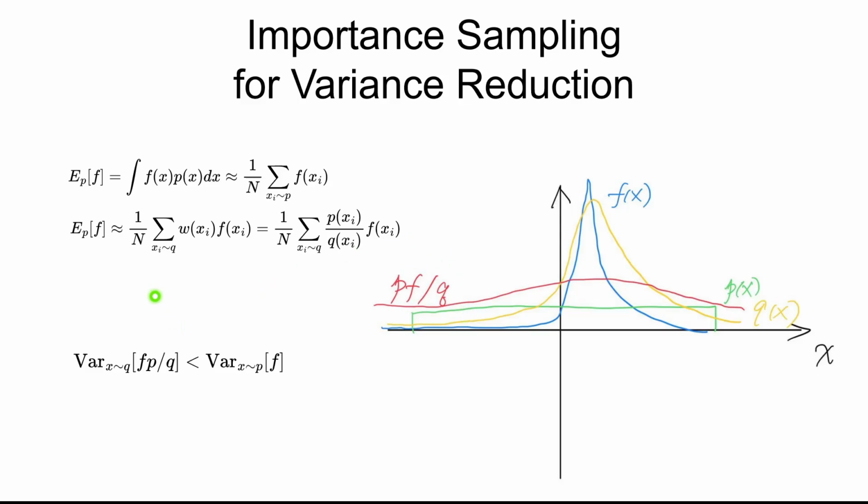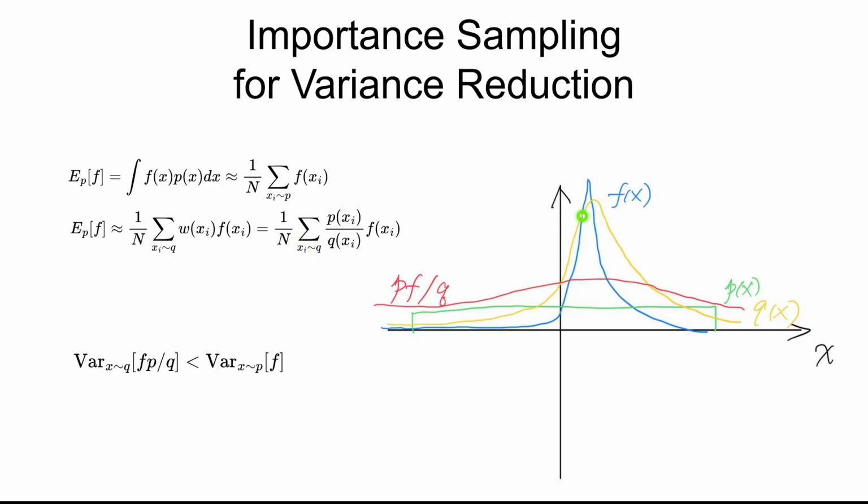To fix that, instead of sampling from the original distribution P of x, we want to sample from a different distribution Q of x, which is related to importance sampling. Basically, we sample from Q of x, and then we use the weighted value. Here, the weight is proportional to P of x divided by Q of x, and the weighted value is just the P over Q times f. The sample is generated from distribution Q of x.